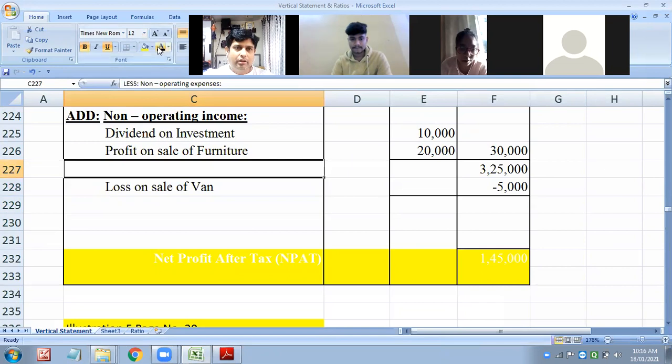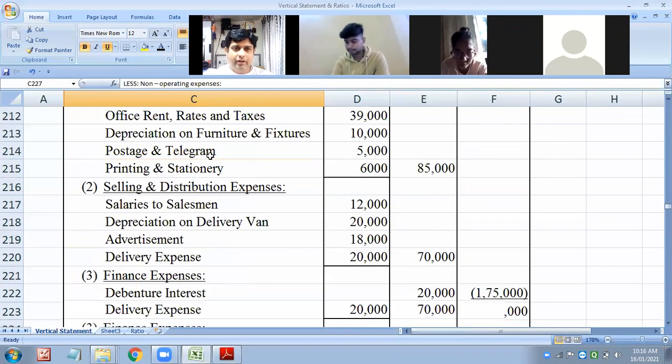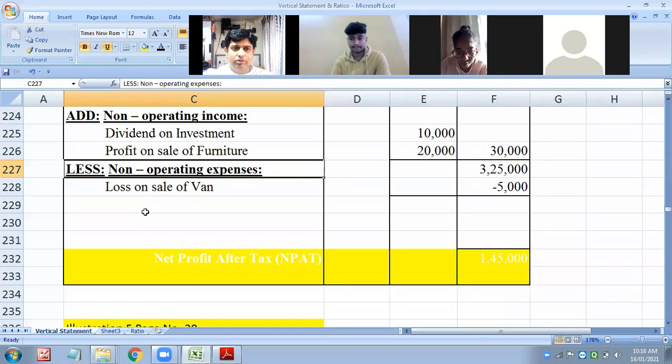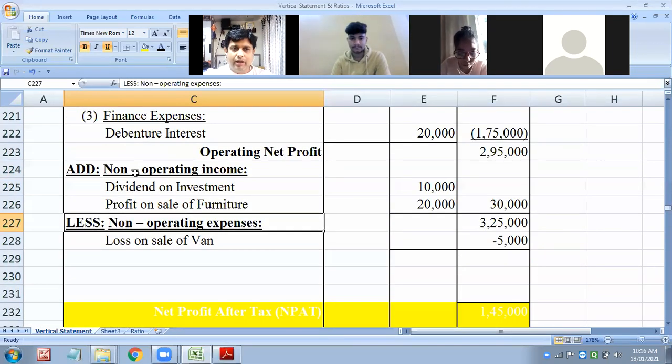That is my non-operating expense. Like earlier, first we added operating income and then deducted operating expenses. Here also I'm doing the same. I'm adding non-operating income first and deducting non-operating expenses subsequently.